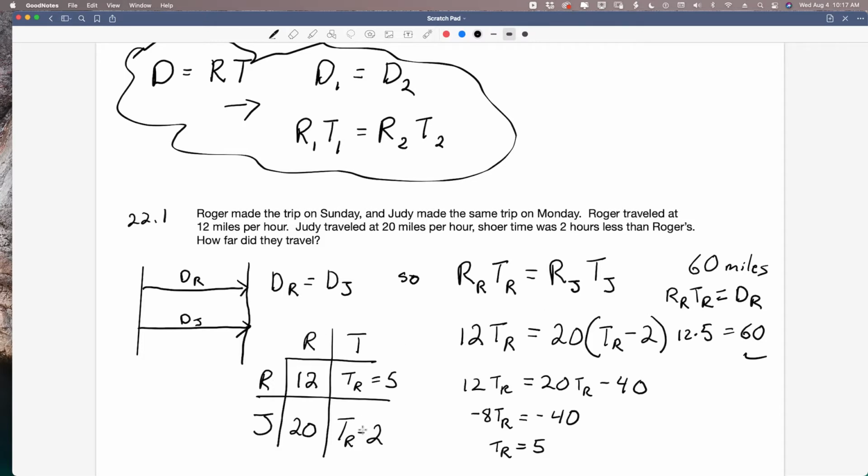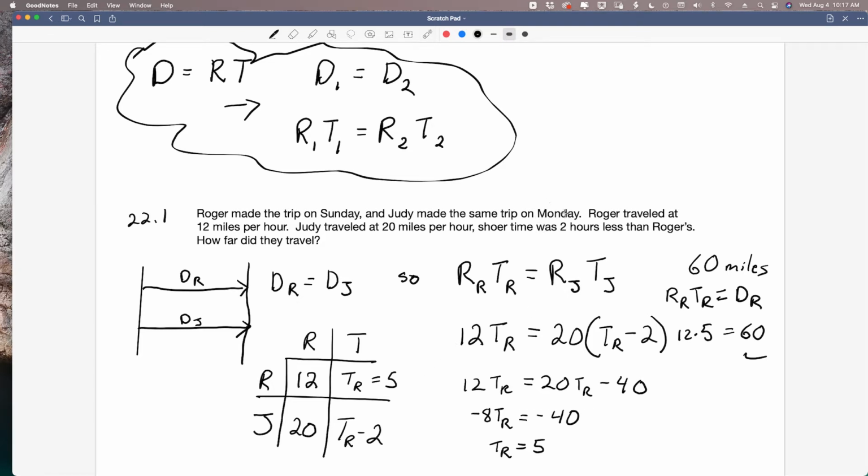Using your table helps you create those right variables and drop those values in for each pair of variables, or each subscripted variable that you're using. And then that helps you find the problem's answer. All right, so don't be afraid to use your illustration to set up your tables, to pull the information out as you need to. Okay, let's try another one.